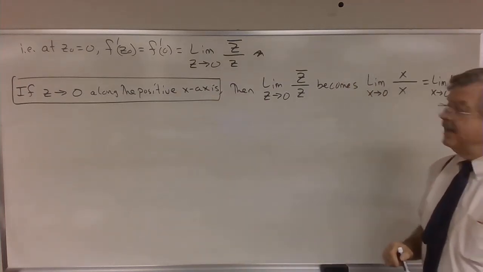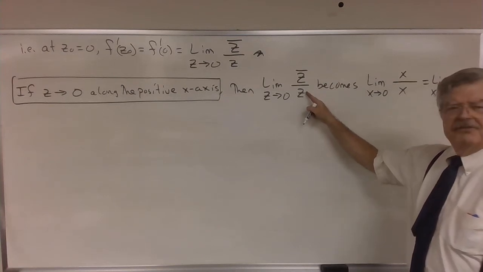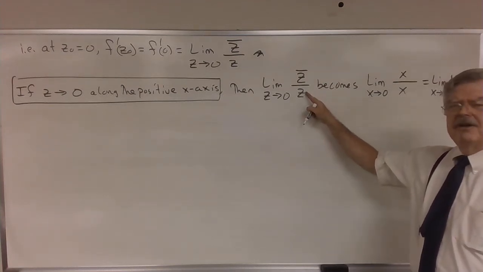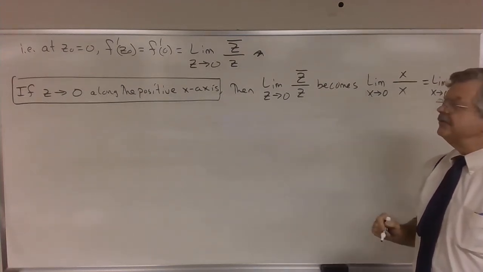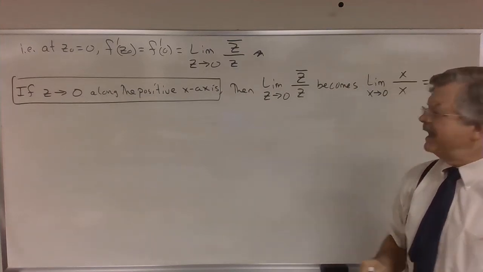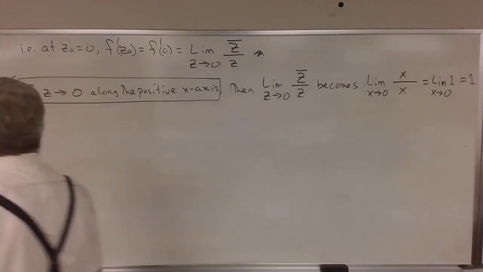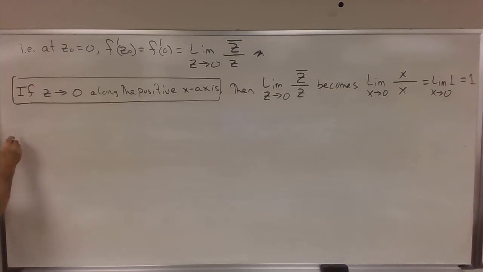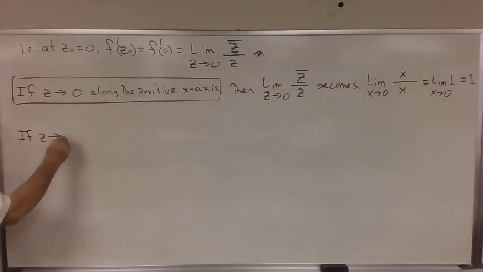So our candidate for the limit of z conjugate over z as z approaches 0 along the positive x-axis is 1. If this limit exists, then we have to get the same result as z approaches 0 along every other path. So let's try another simple but strategically selected route of approach.